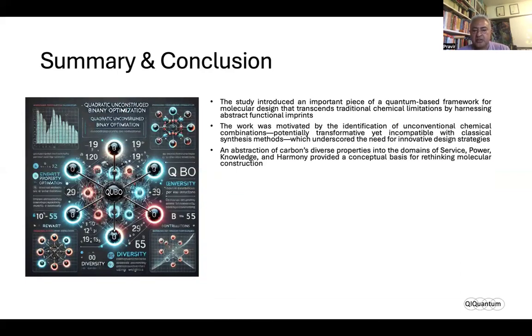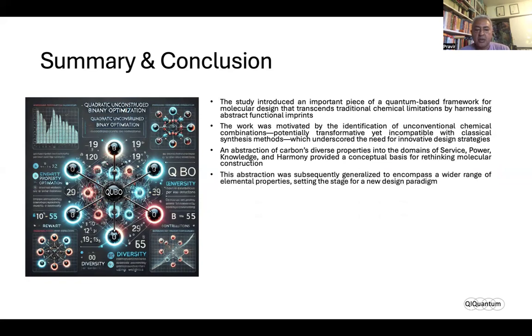I used an abstraction of carbon's diverse properties and basically created four domains that I call service, power, knowledge, harmony. And that provides a conceptual basis for rethinking molecular construction. As I mentioned, that abstraction was generalized to encompass a wider range of elemental properties.